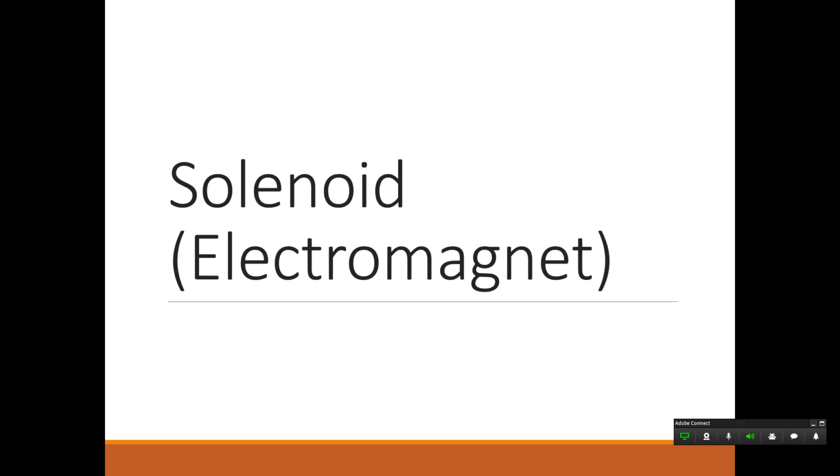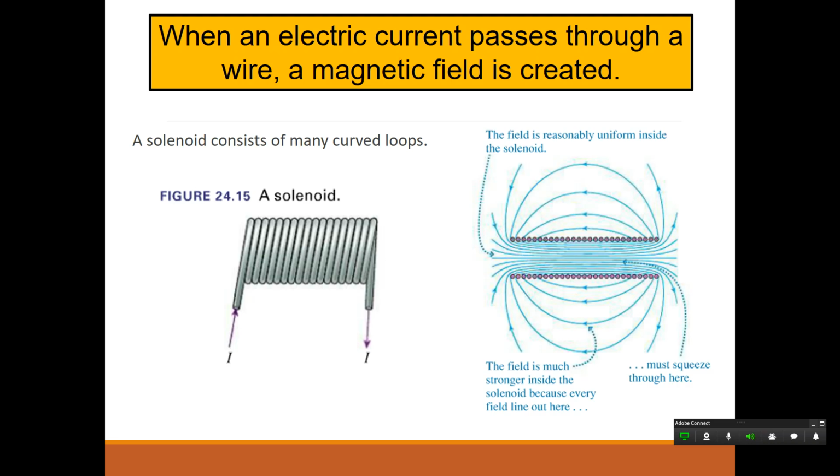Remember we're talking about how a loop has a magnetic field. Well, imagine if you had many, many loops, a wire that would spool hundreds of times around itself, how much of a magnetic field that would create. Let's figure that out. Here is a picture of a solenoid. When you have one loop, there is a magnetic field being created going out that way.